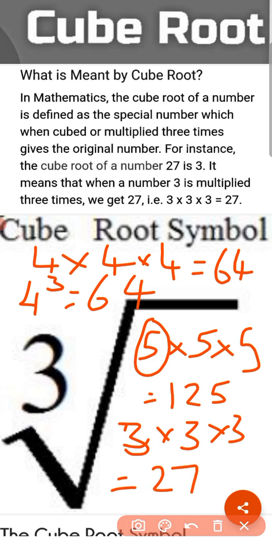So, what is the cube root of 27? 3. That is, when we multiply 3 times, our answer is 27. So, here the original number is 27. Its cube root is 3. Clear?